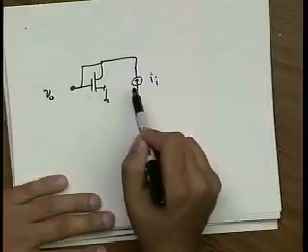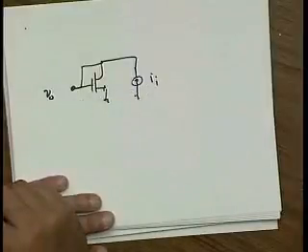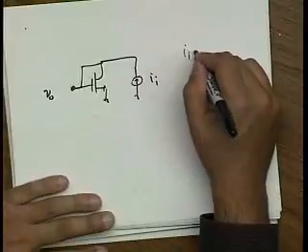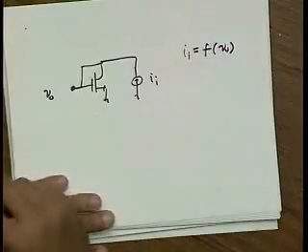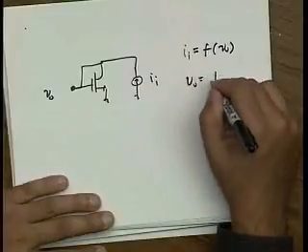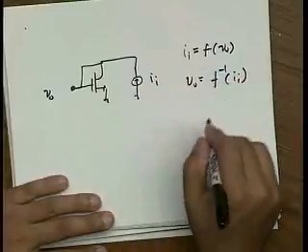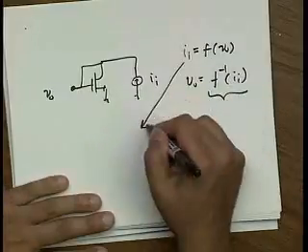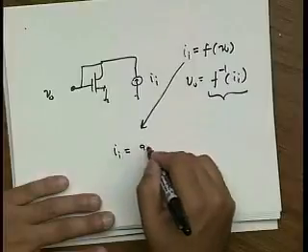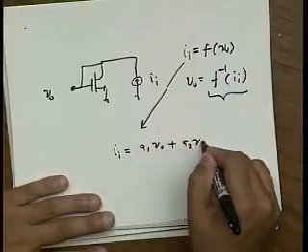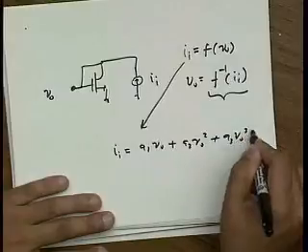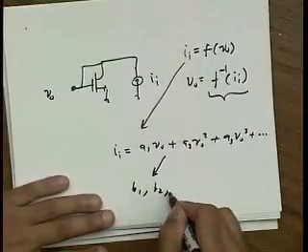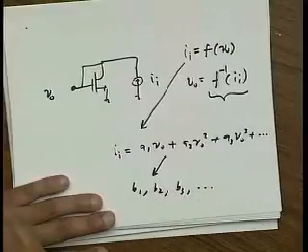But you immediately know I out as a function of V in, or I in as a function of V out. So one approach would be I would invert this and then do a Taylor series expansion of the inverse. Another option would be you directly Taylor series expand this equation and then invert it to get B1, B2, B3. Okay?